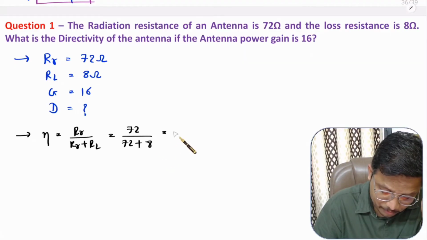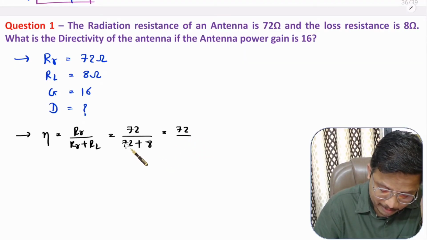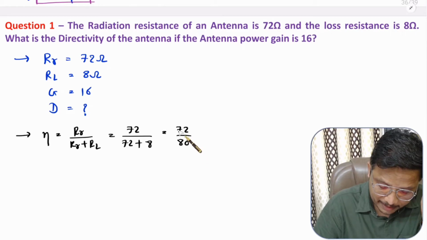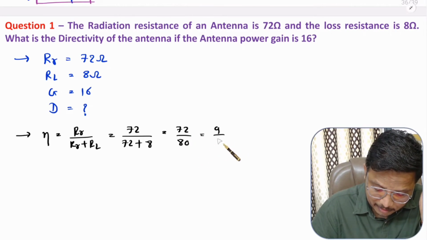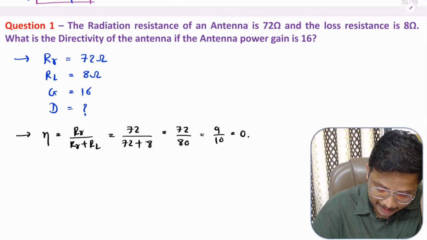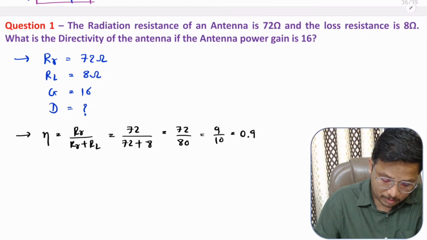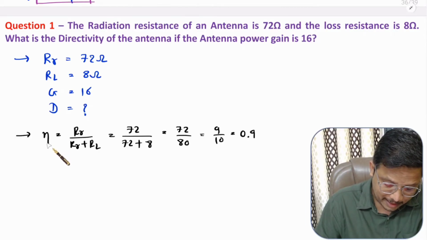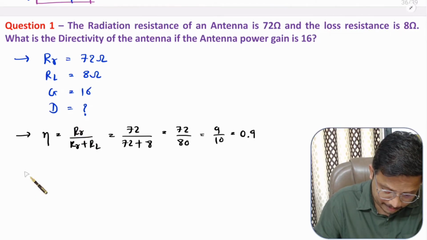So 72 divided by 72 plus 8, that is 80. So 72 divided by 80 is 9 by 10, that is 0.9, right? Now we have the radiation efficiency.